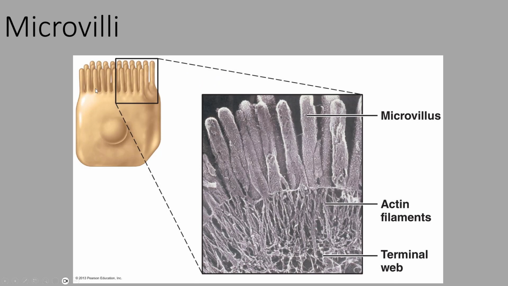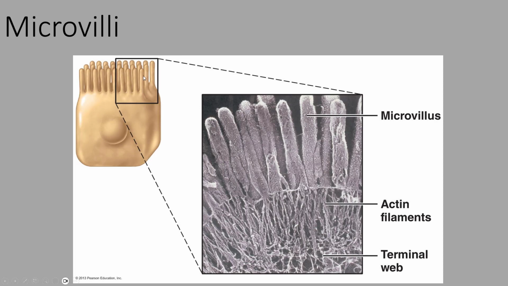Something that looks like cilia are called microvilli. But instead of little projections sticking up from the cell, these are pieces of the cell membrane itself that fold back and forth on itself.